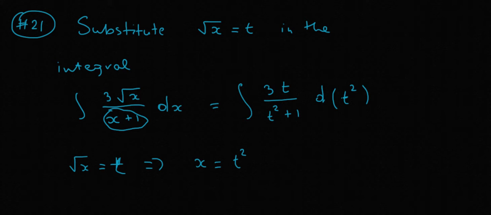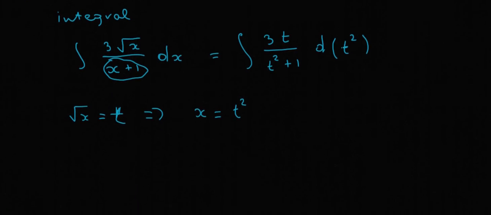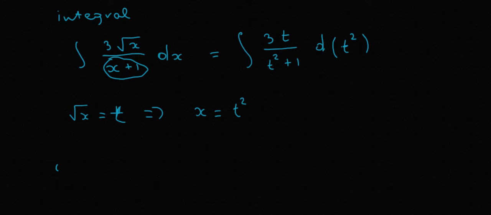Now, in order to evaluate this properly, let's remember what a differential of a function is. By definition, the differential of a function, let's say f of x or whatever the variable is, by definition that differential is equal to the derivative of the function multiplied by d of x, or times d of the variable that the function depends on.